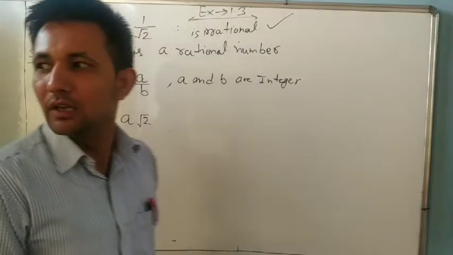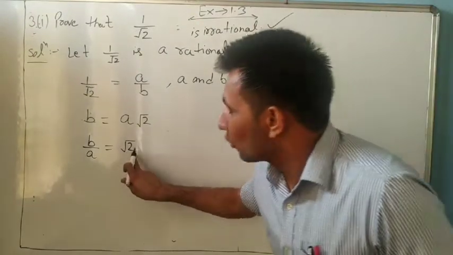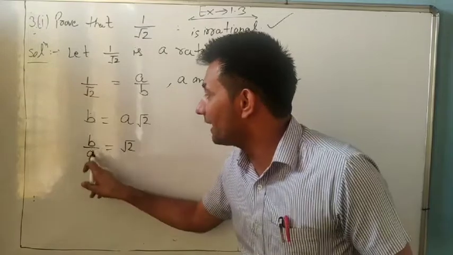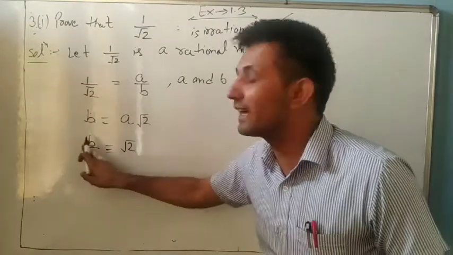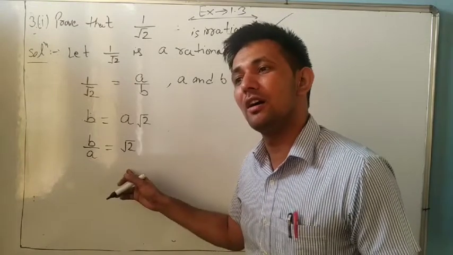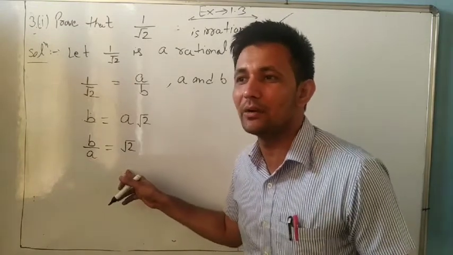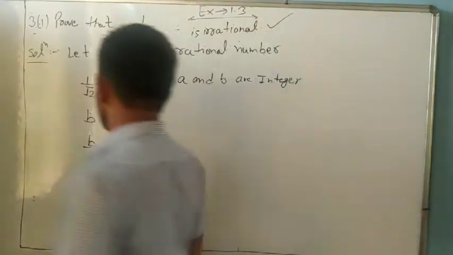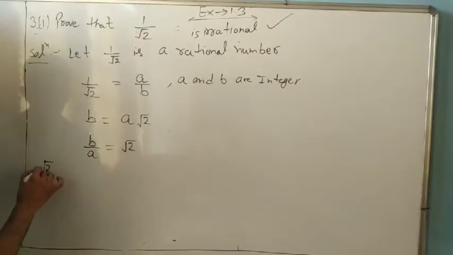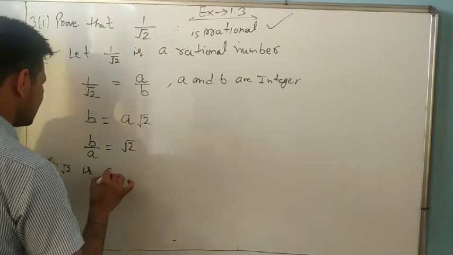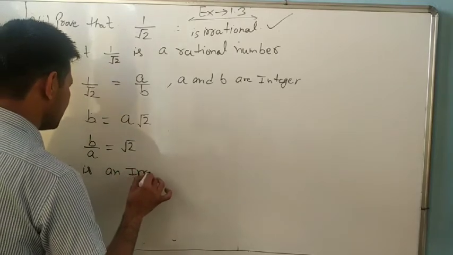Again, same question becomes. Root 2, everyone knows what root 2 is: an irrational number. And b by a, or integers, is a rational number. And rational equal to irrational, is it possible? No. So again, a contradiction arises. So we will write root 2 is an irrational number.